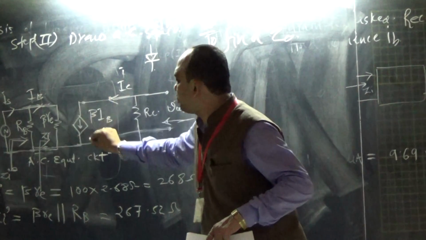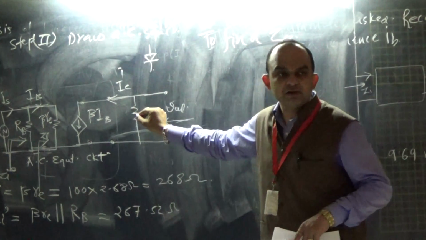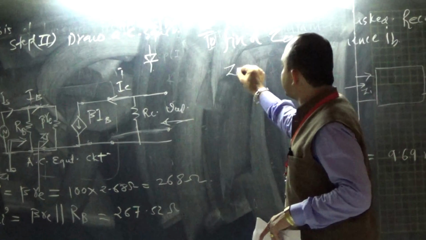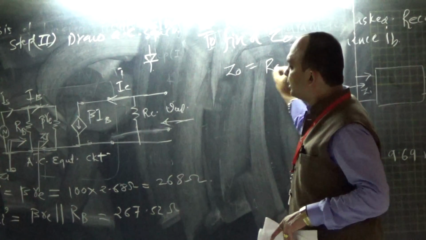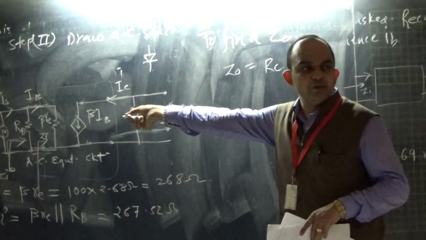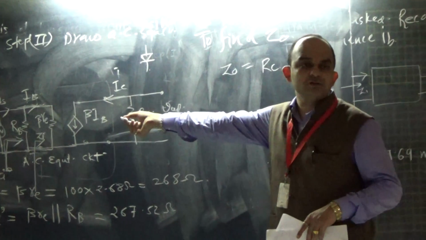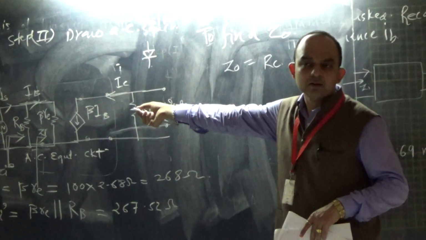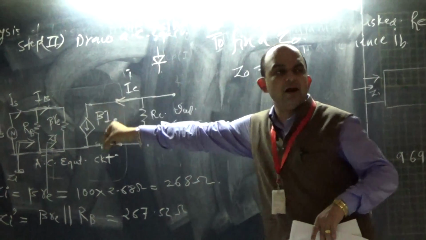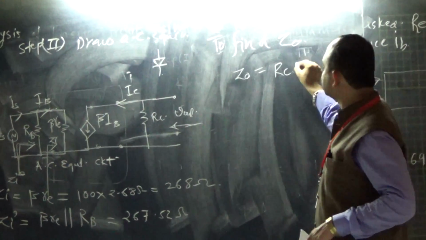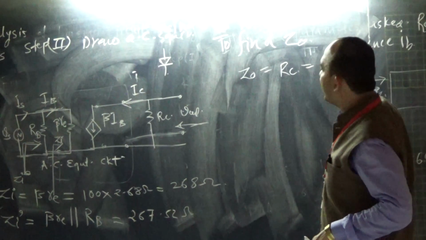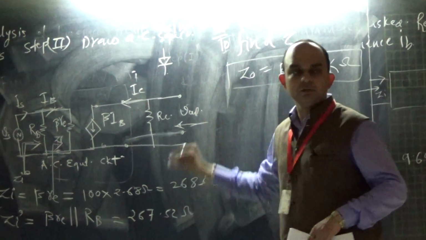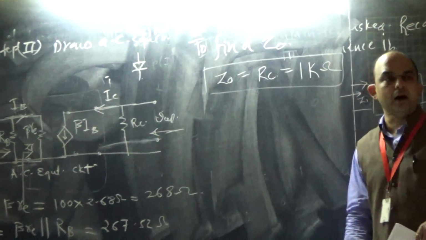Here it is as good as open. So the only resistance which is there is RC. So ZO is equal to RC, because at the BJT level the output impedance is very high. So this is having infinite resistance, so only resistance is RC. So ZO equal to RC, RC is 1K. So here again he will give 1 or 2 marks.